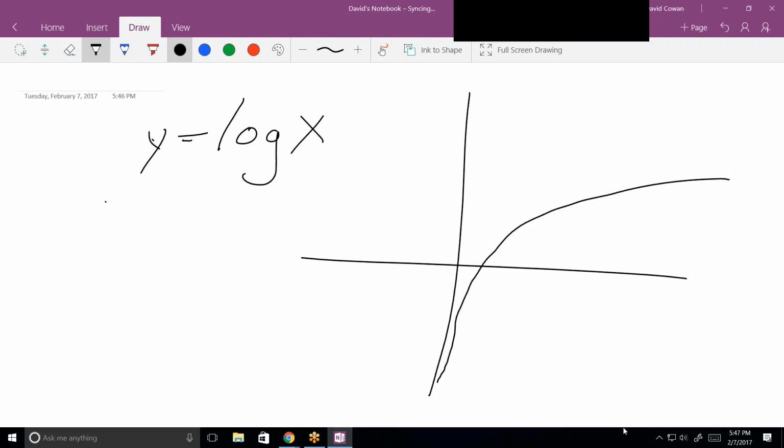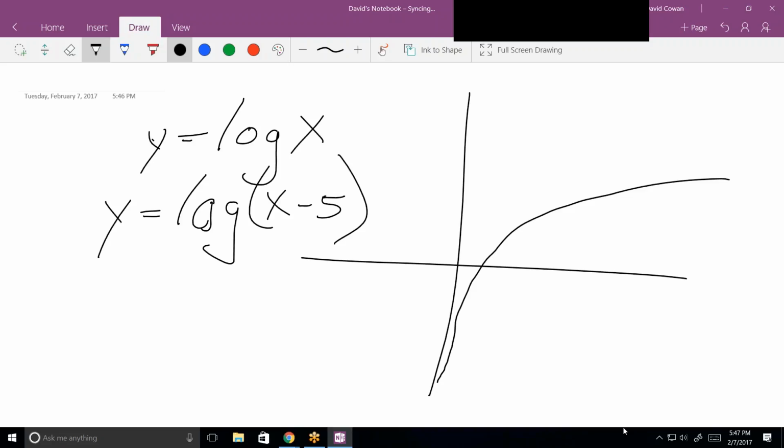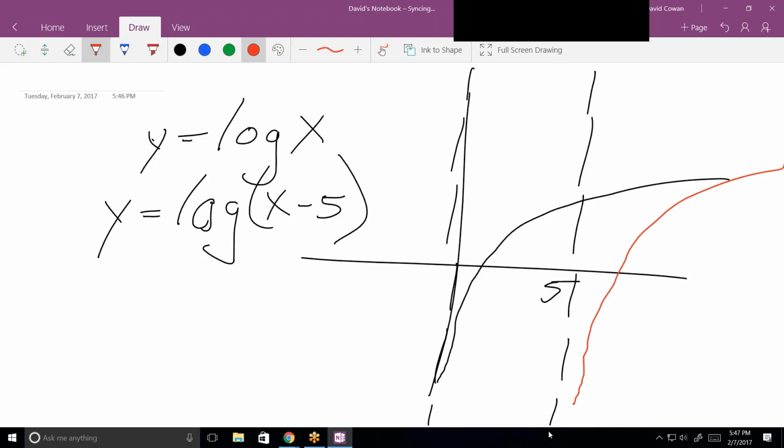Now, if I say this, what's the effect of that 5? That minus 5 moves it all to the right 5. Which moves the vertical asymptote 5 units to the right also. So I now have a vertical asymptote at x equal 5, and my function would look like this.